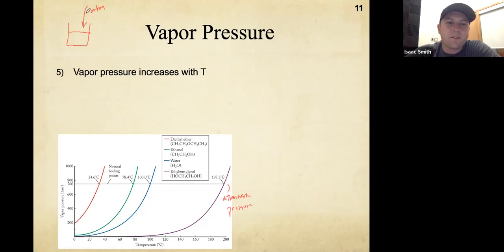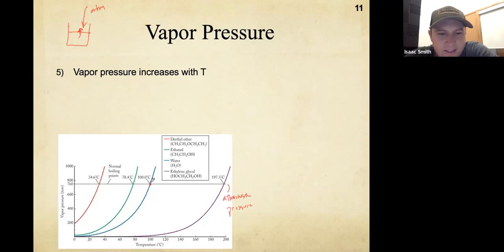If there was no pressure holding these molecules together, they would just escape into the gas phase. They'd boil. So the water is pushing a vapor pressure out, and the atmosphere is pushing down, and a little bit of water escapes at room temperature.